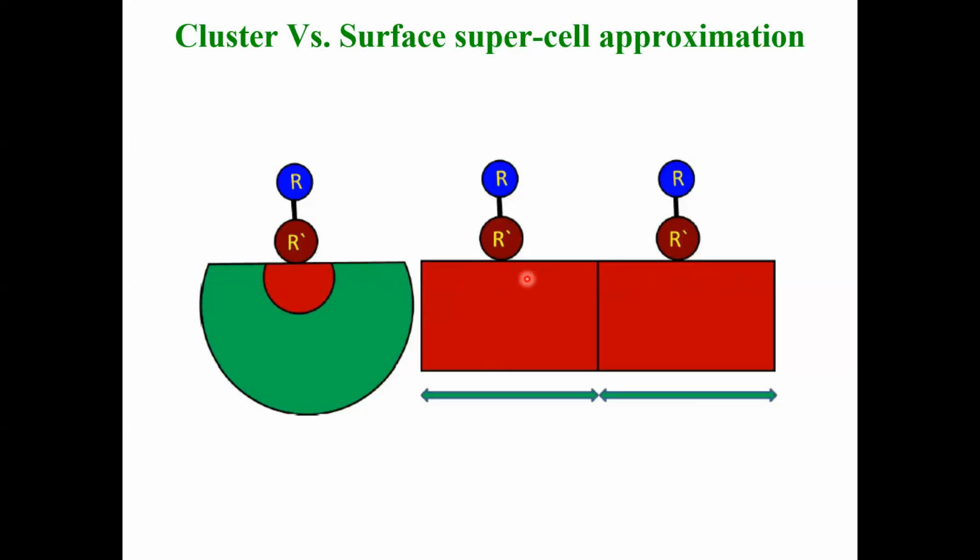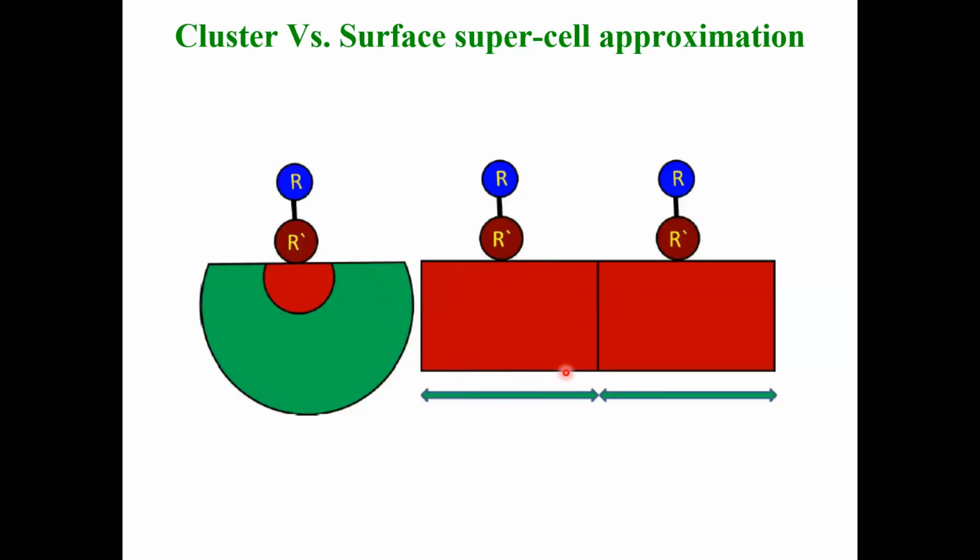It is not only a slab, it is under periodic boundary condition. So what is periodic boundary condition? There is a supercell which contains only this part. This entire region is represented quantum mechanically, and it is of a certain size.